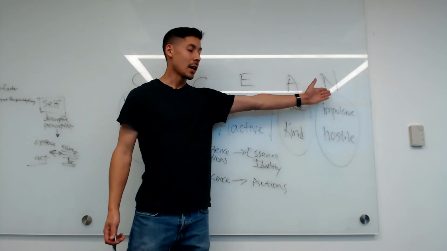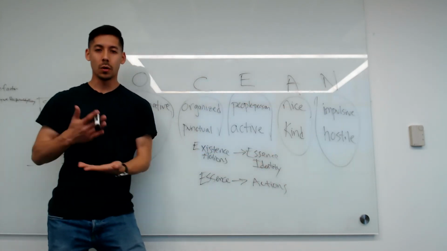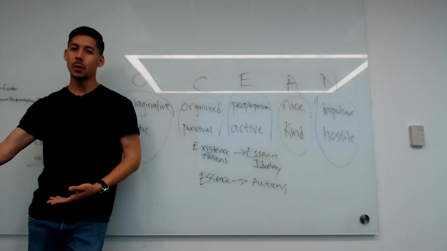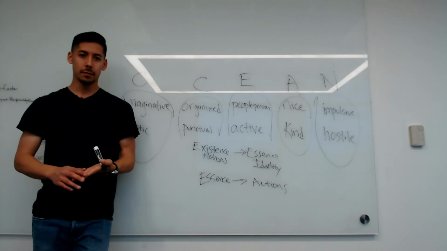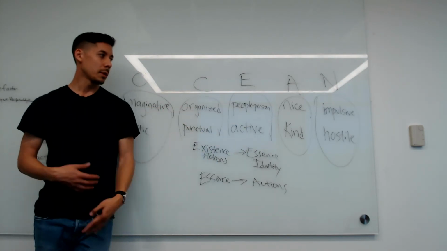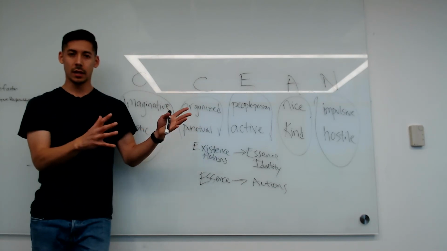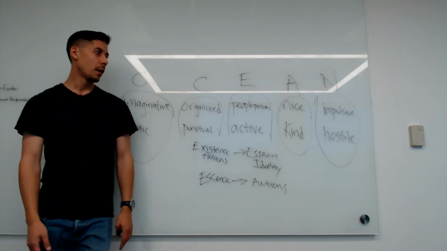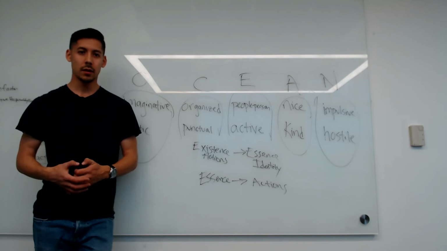Because that's how it's defined in the textbooks. It is the tendency to experience negative emotions, which means anything: anxiety, depression, anger, right? So yeah, some people in life do tend to experience more of these negative emotions than others. But I don't know, is that something to run and hide about?